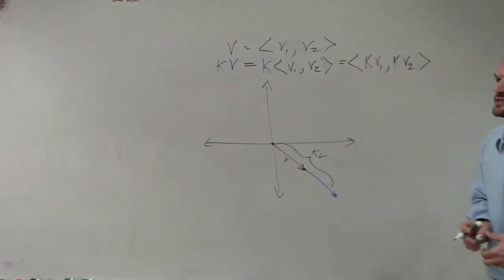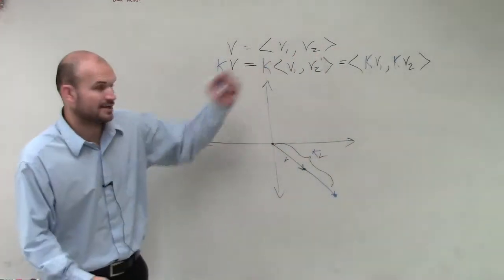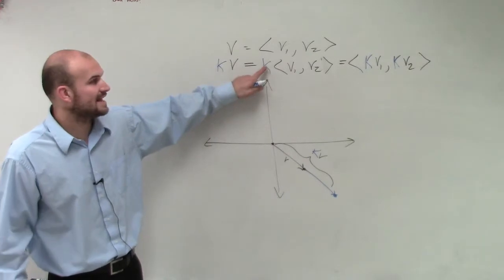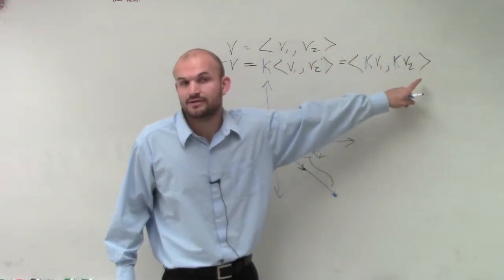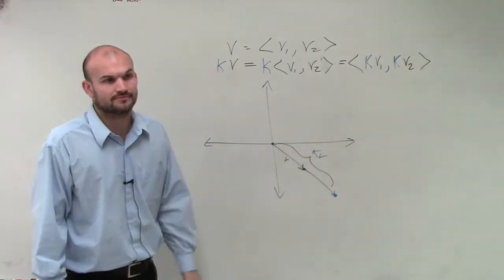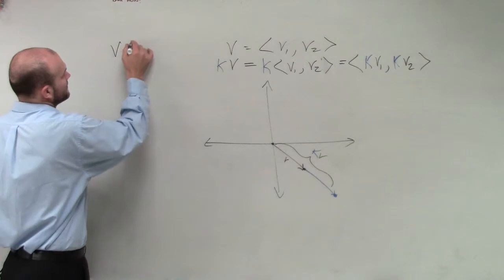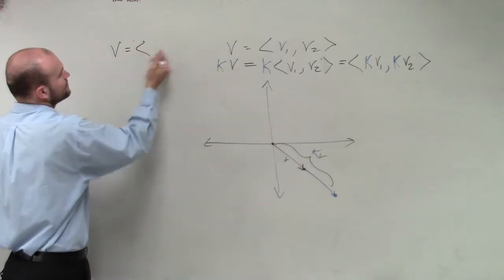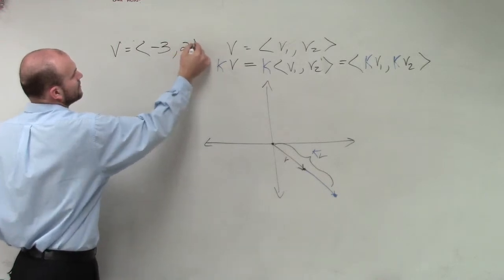All I want you to understand is that if I use a scalar, that scalar gets multiplied by both components of your vector, and therefore you're going to have a new one. So let's go through a quick example. Let's say v equals -3, comma 2.